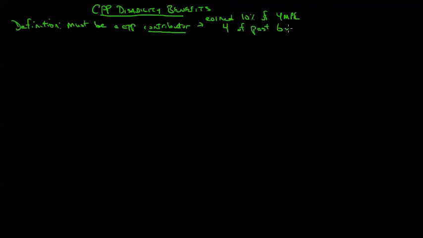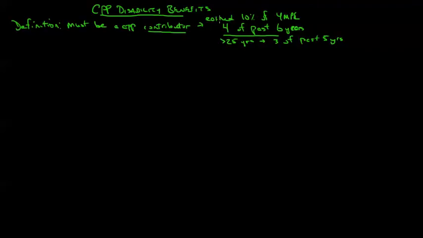There's a little bit of a provision here for people who have a very long contributory period. If you have somebody who has a greater than 25-year contributory period, then you only have to have contributed in 3 of the past 5 years. That's a pretty narrow exception, but it will apply in some cases.